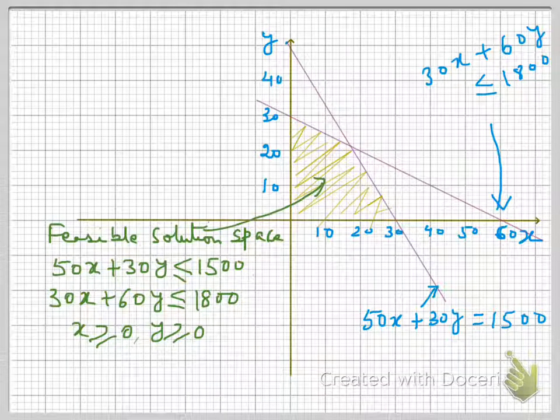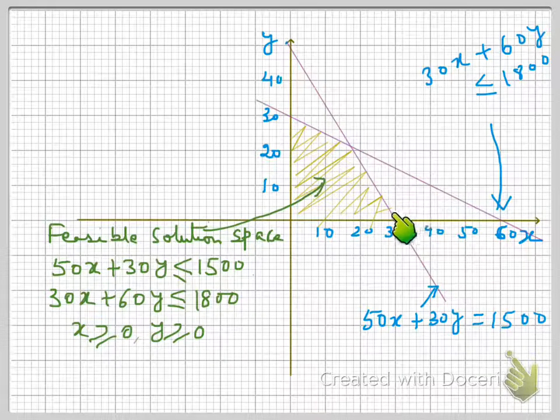For example, if you take any point here, this point will satisfy the constraint of 30x plus 60y less than or equal to 1800 because it is lower than this line. That is, it will satisfy the raw material 2 constraint.